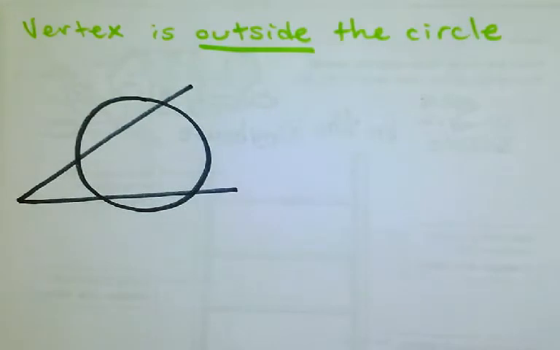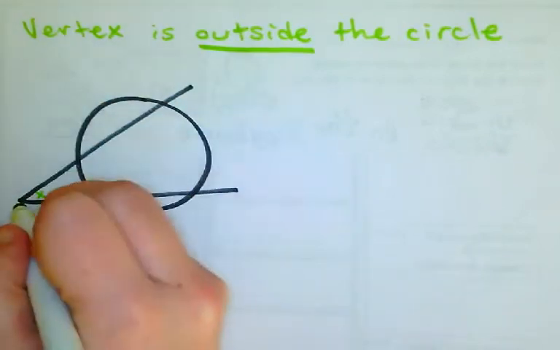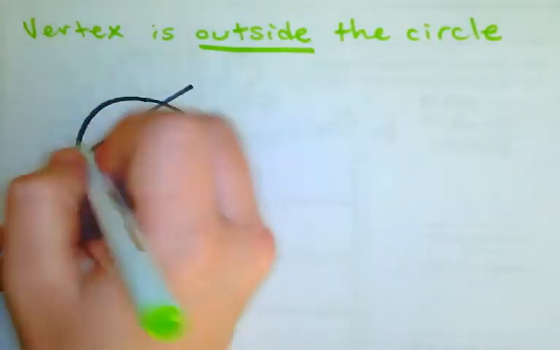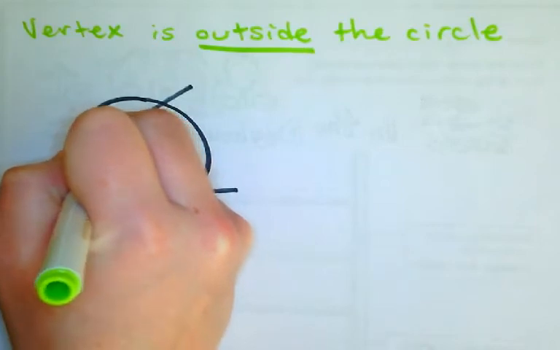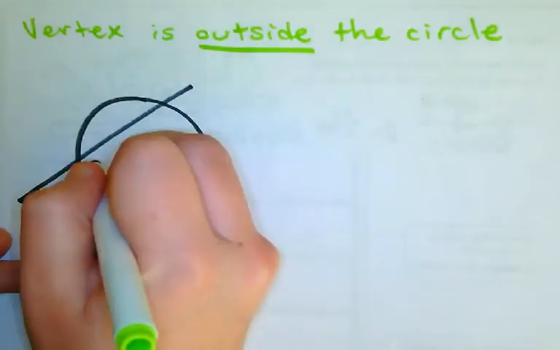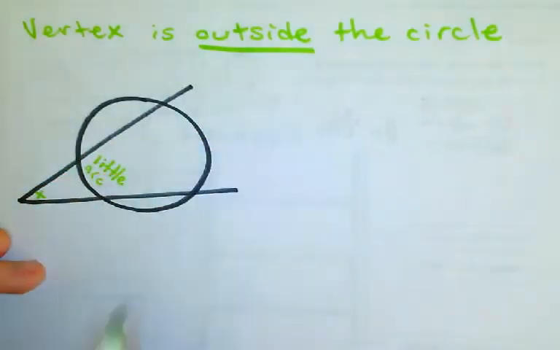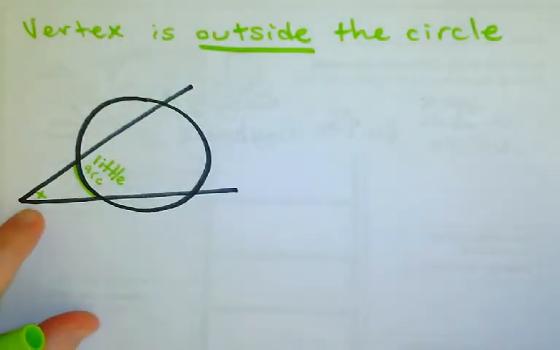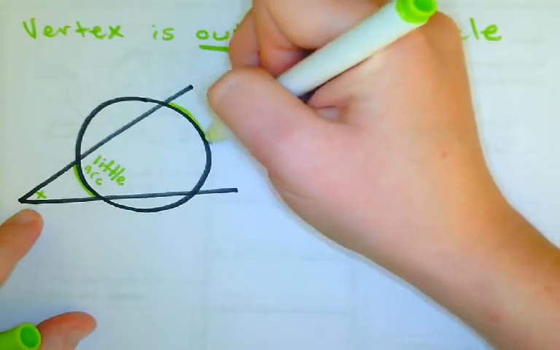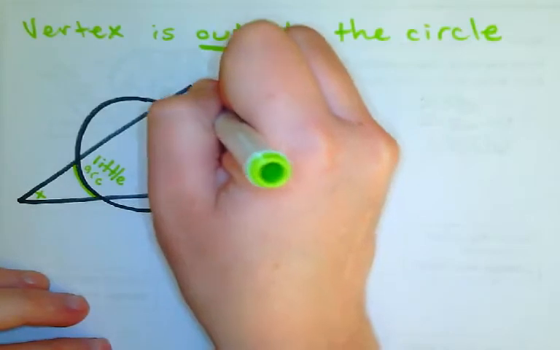It could look something like this, where right here is your angle that is outside your circle. And then this is an arc. And this is a little arc, right? Little arc, because it's small, it's kind of short. It's closest to your x. And then on the other side, we have another arc, and it's much bigger. This is a big arc.